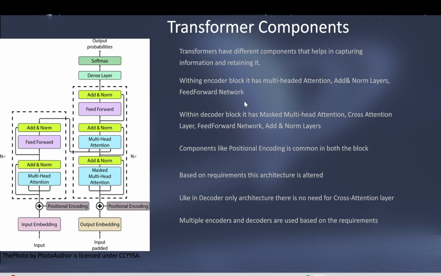Okay. Some of these names might be slightly off. So, what I was saying, there are multiple attention heads, feed forward. Feed forward is just a deep neural network, and add norm layers. We will understand each one by one.